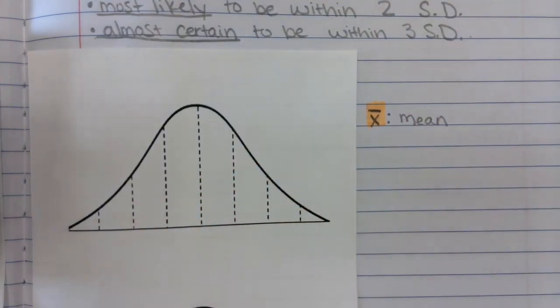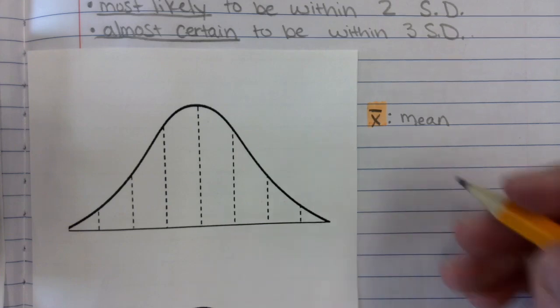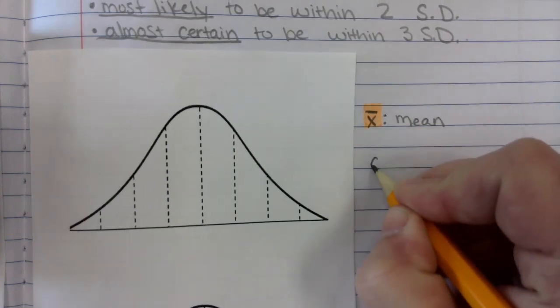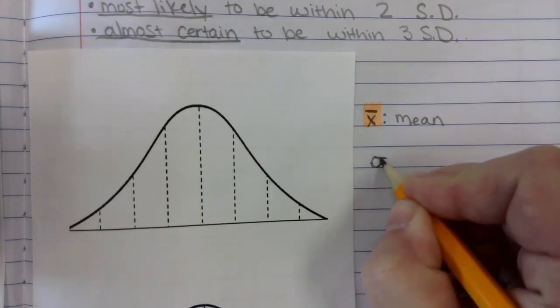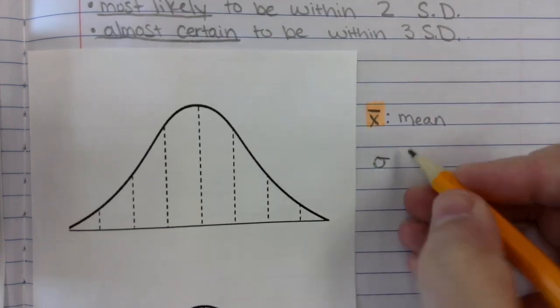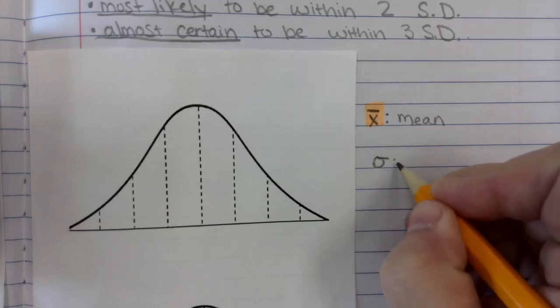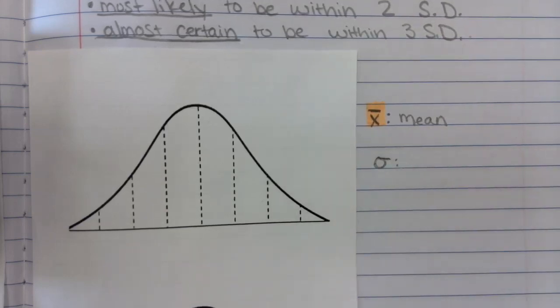For standard deviation, sometimes we use this symbol. It's kind of like an O with a little ponytail. Sigma. Not sigma. I know this. I forgot.